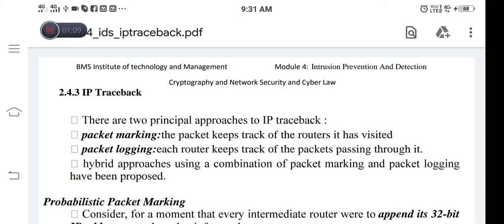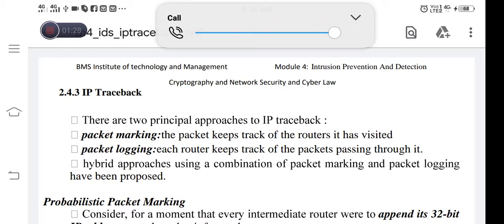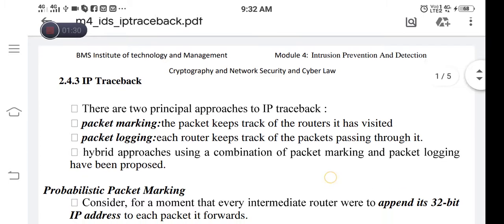In packet logging, each router keeps track of the packets passing through it. We can also have hybrid approaches using a combination of packet marking and packet logging, which has also been proposed.